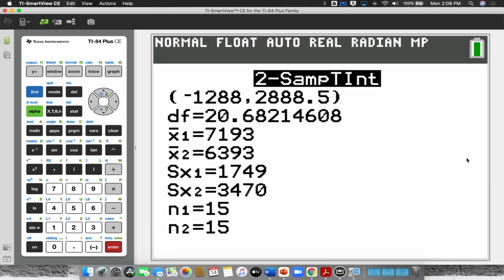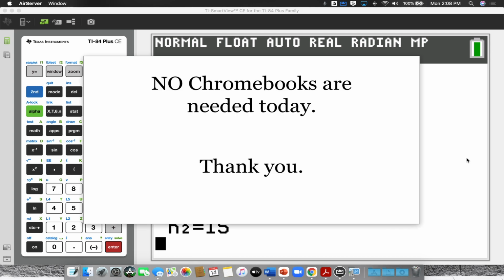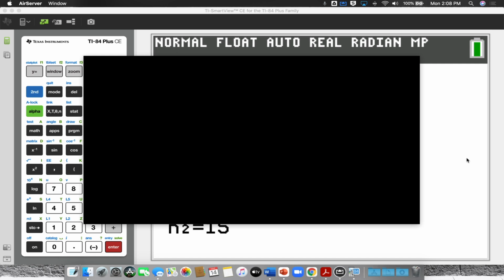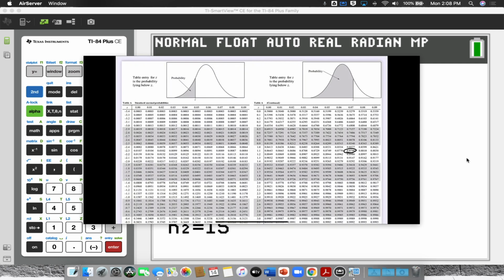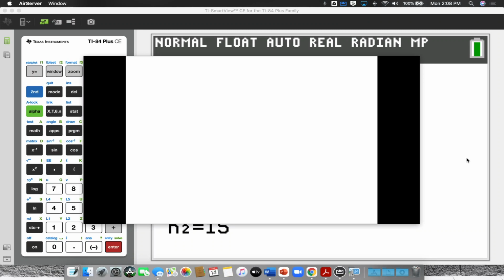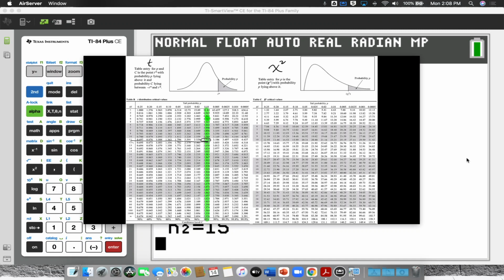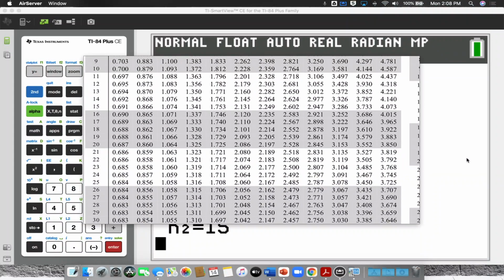But if you look at your tables real quick, let's look at the difference. Where are my tables at? Those are Z tables. I want T tables. So if you look at T tables, for 95, right?